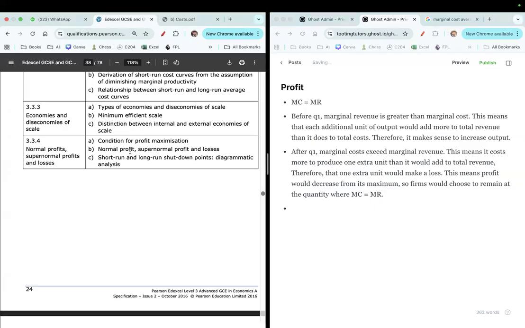Okay, now the fun bit. In economics, we never ever say profit. We always say normal profit or supernormal profit. That's really interesting because it's a bit different to just profit in real life or profit in business.